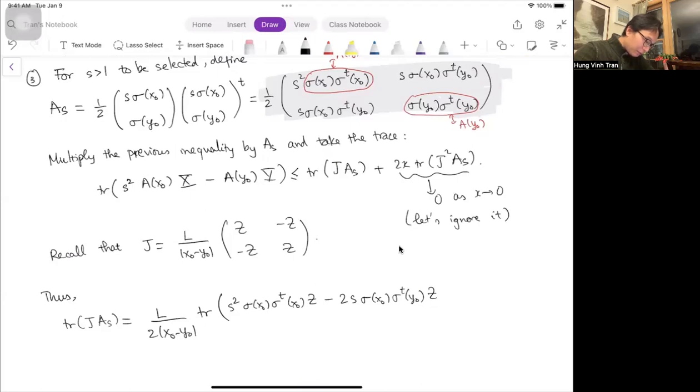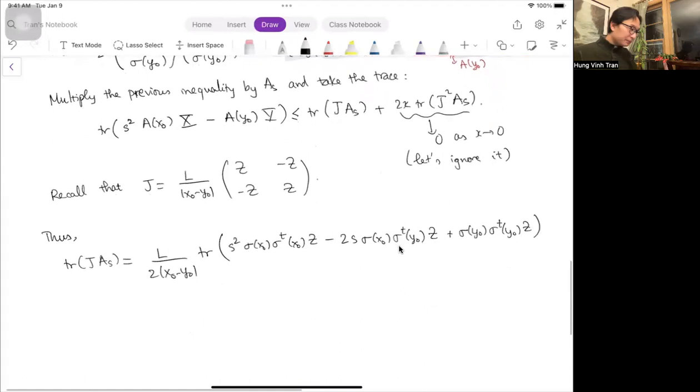And then the last slot just takes the lower ones, so plus sigma Y naught, sigma transpose of Y naught times Z. So that's that. This equals L over 2 times the length of X naught minus Y naught times the trace of, I mean, the first thing can be simplified.